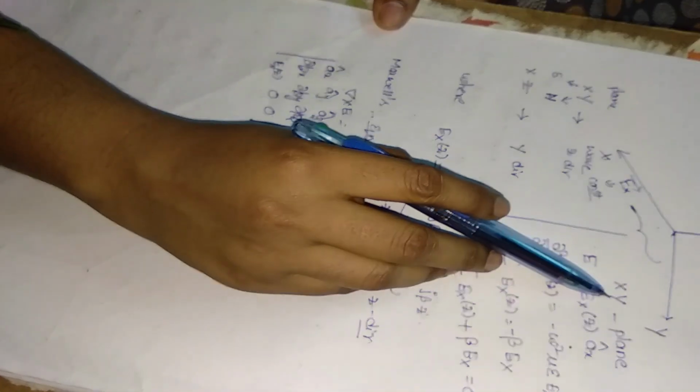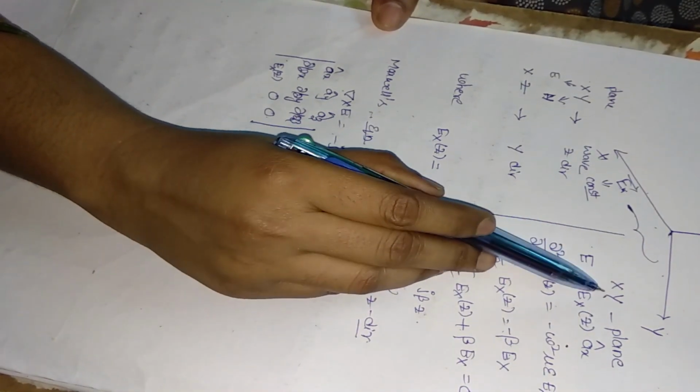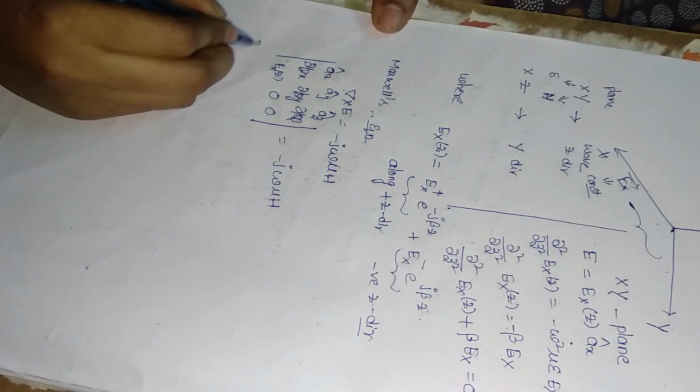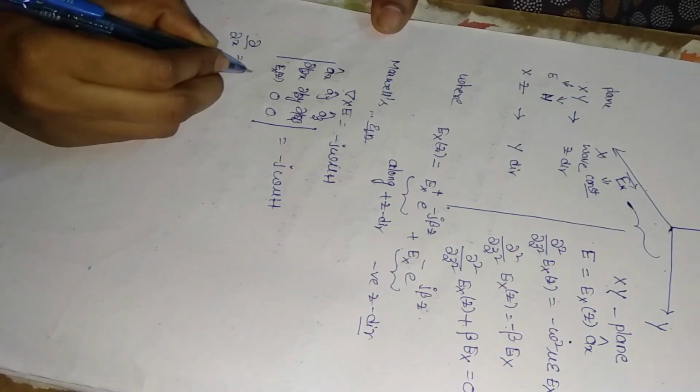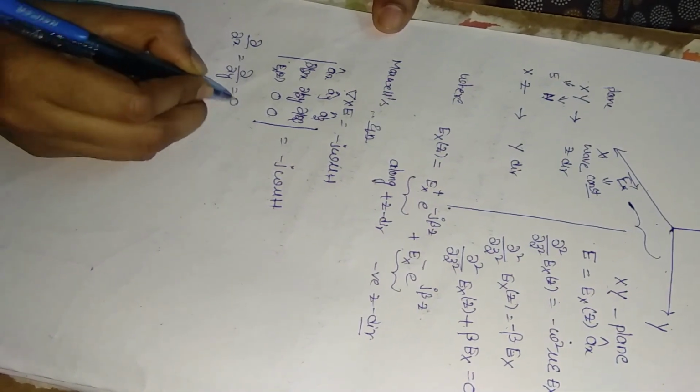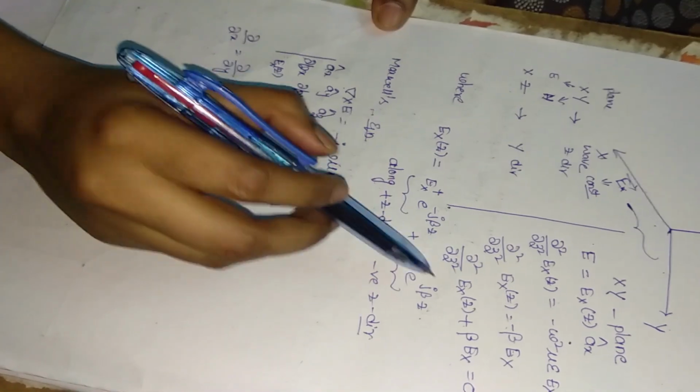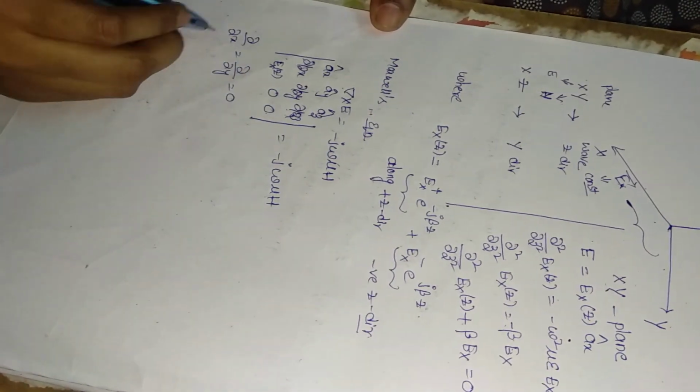Here the plane is a uniform plane, meaning the xy plane is the uniform plane. Therefore d by dx is equal to d by dy is equal to 0, and there is some variation along the z axis, so that won't be 0.